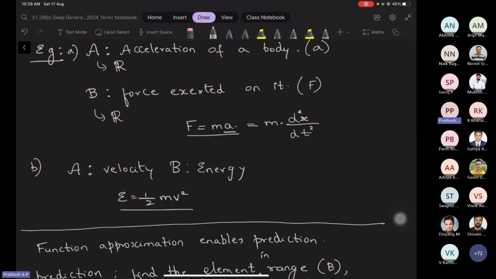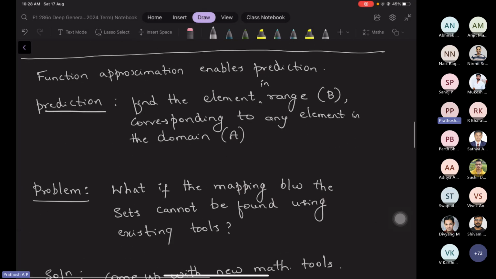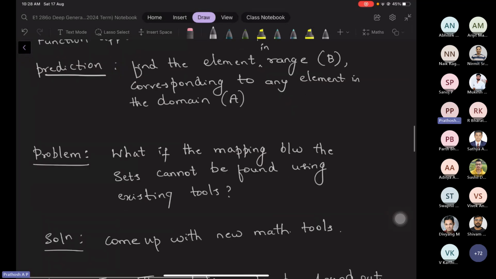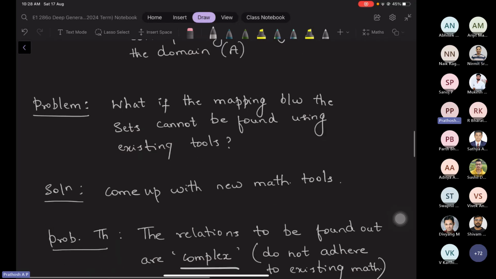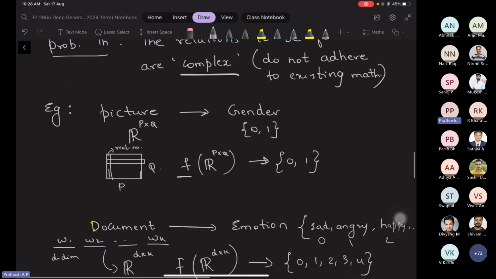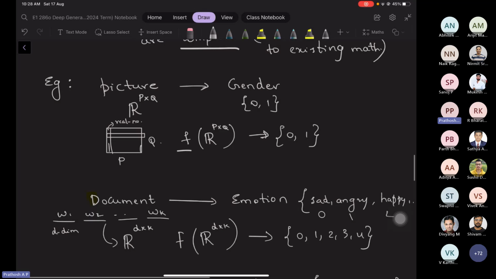Don't ask me how to do it, that's an entire branch in mathematics by itself, but you can do it. But the problem arises where the relation or the function that we are trying to learn between the domain and range does not adhere to the existing mathematical tools. Now I gave you examples of this in machine learning. So why does this happen?